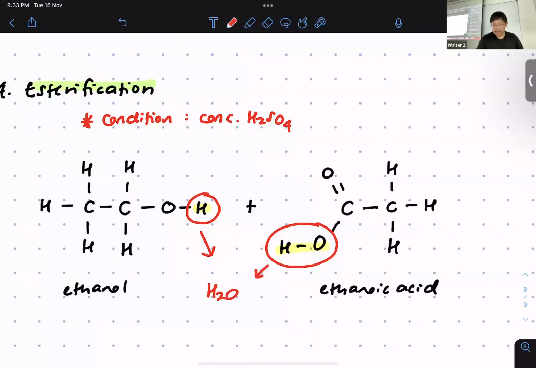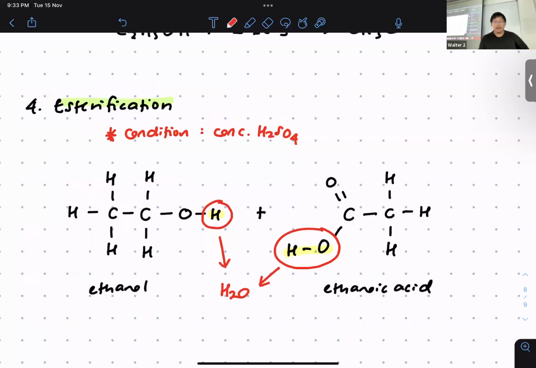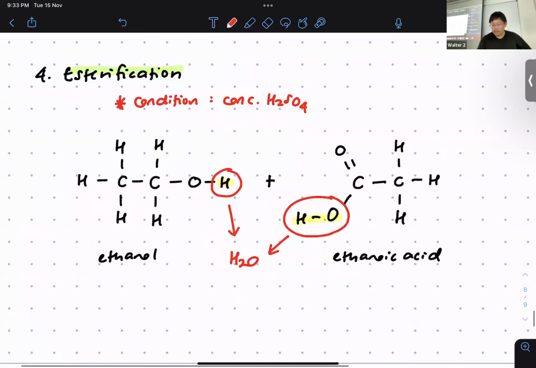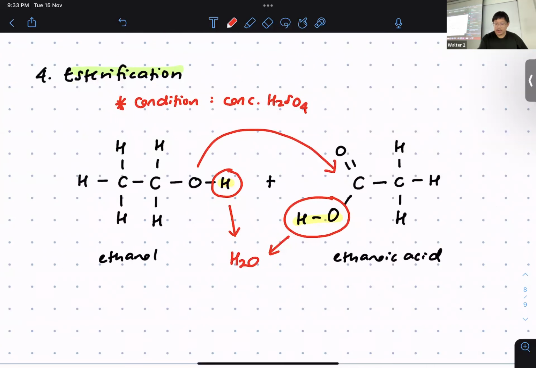Okay, very straightforward. Hydrogen is removed from the alcohol and the OH group is removed from the carboxylic acid. Then they'll be able to form a water molecule together. Then this O over here will go inside and combine with the C over here. You understand? Again, the O will be able to combine with the C over here.